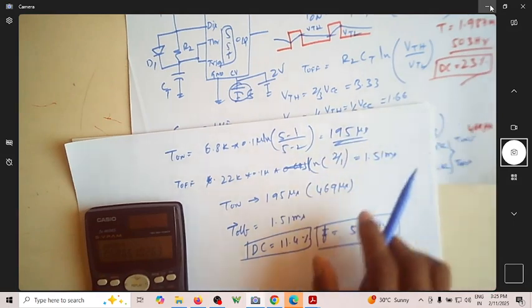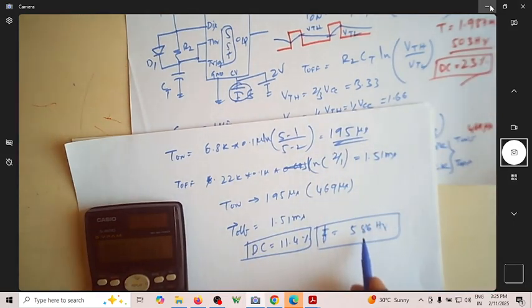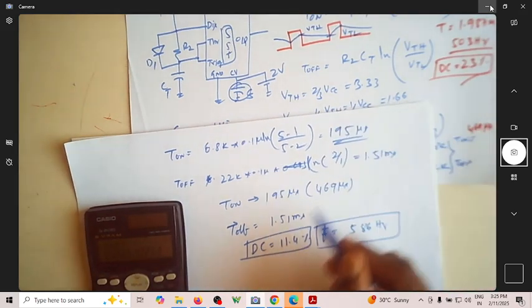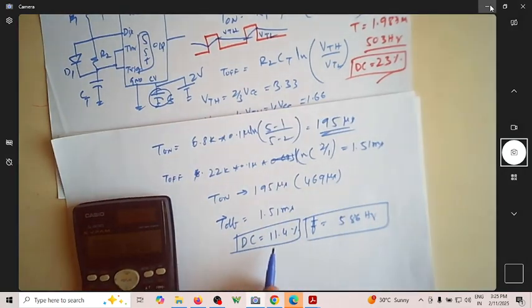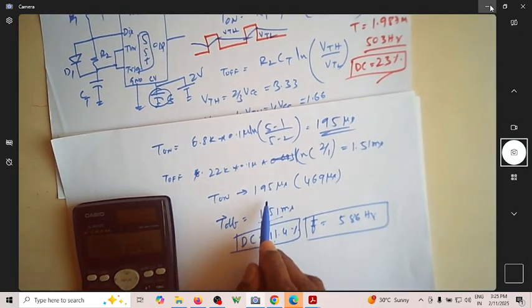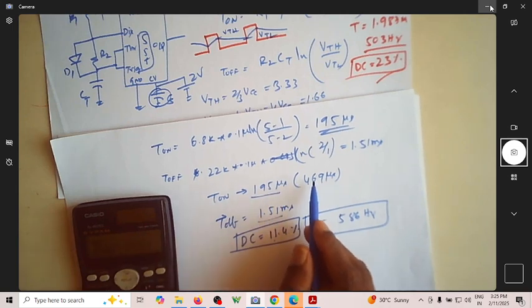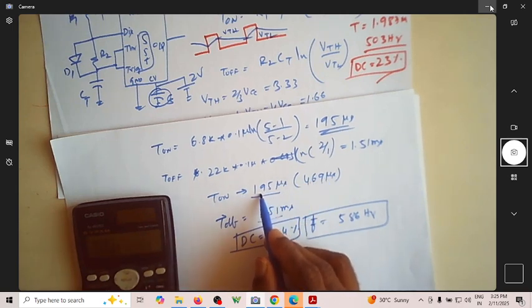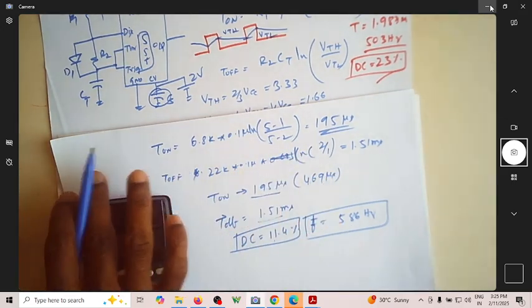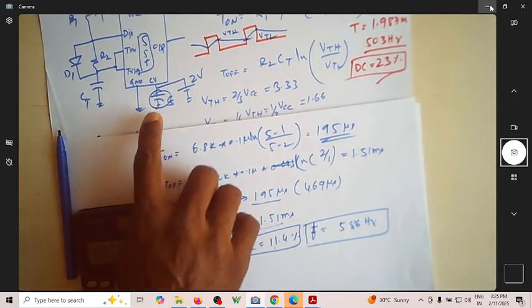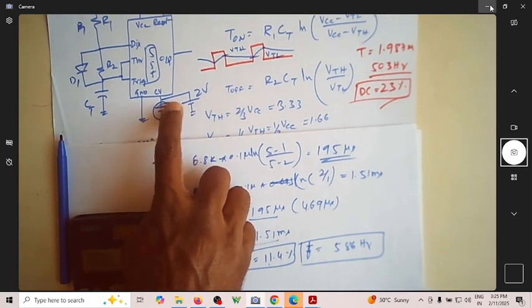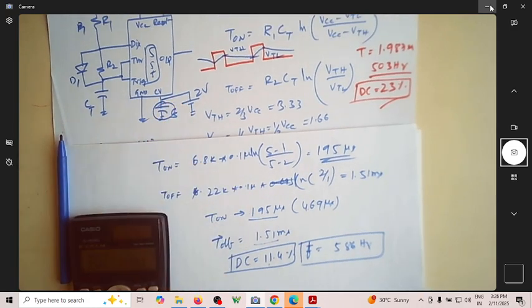From 503, this will become 586, and duty cycle will reduce from 23% to 11.3%. Off time remains the same. On time reduces from 469 microsecond to 195 microsecond. So this is how things will change when you have a control voltage other than the default.